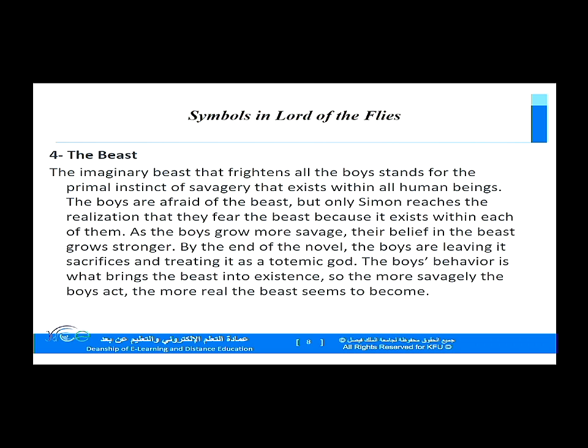Another important symbol in the story is the beast. This is an imaginary beast that frightens all the boys and stands for the primal instinct of savagery. As you notice by now, in the story we have two human instincts that are battling each other.